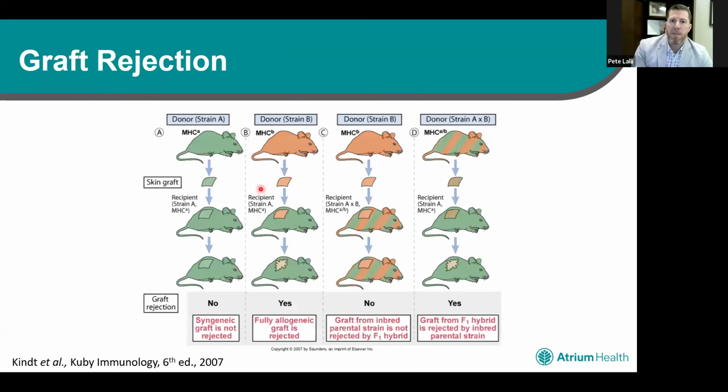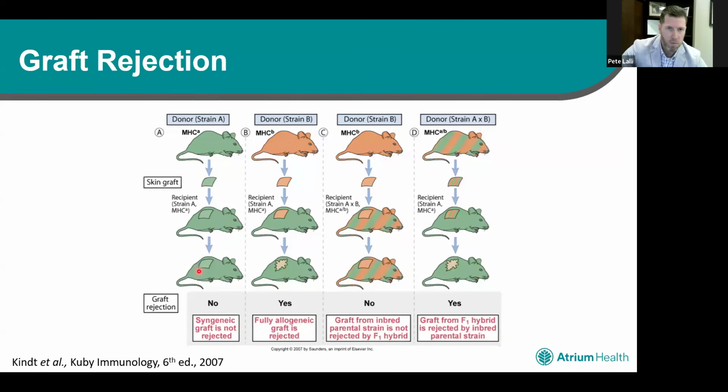So when we talk about what happens in transplant rejection, there are great early experiments you can do where you take a piece of skin from one strain of mouse and graft it onto the same strain of mouse. All of the proteins in the donor mouse are the same as the recipient. So in this case, the immune cells look at this and say, okay, I recognize this.